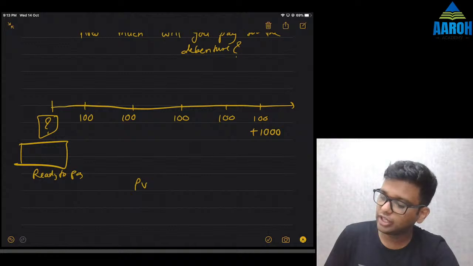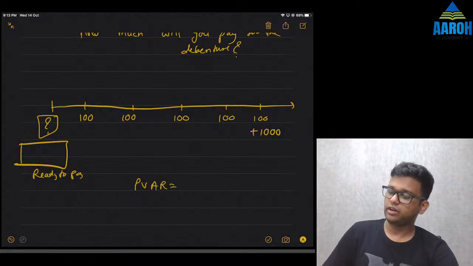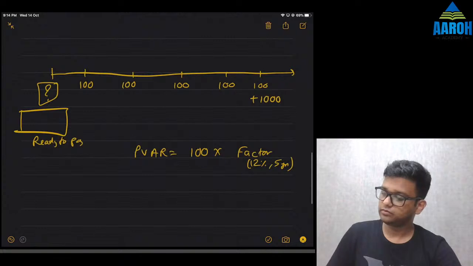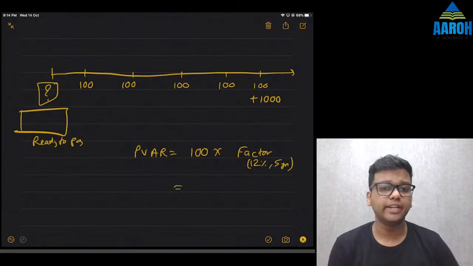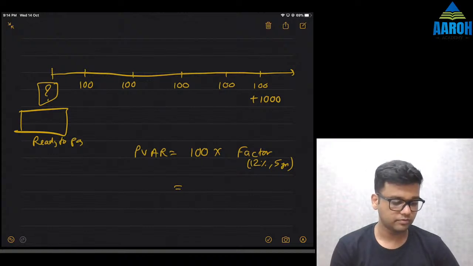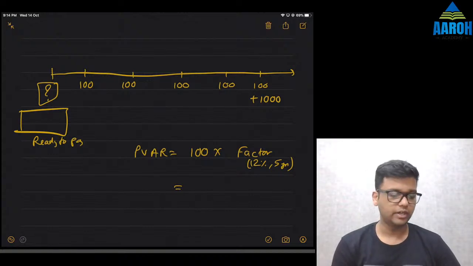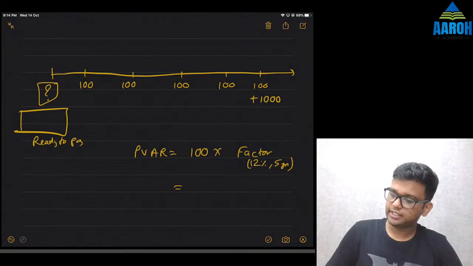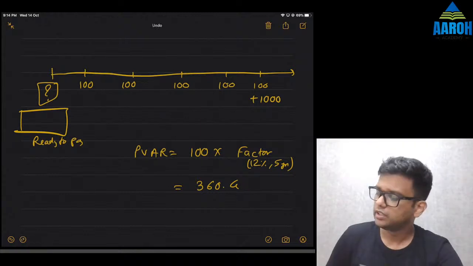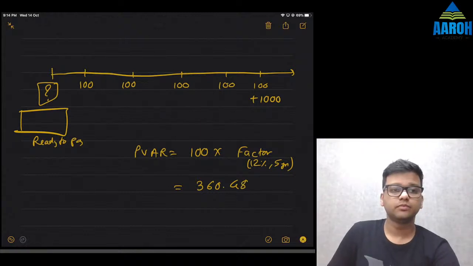We can use present value of annuity regular for 100 rupees, and let's find factor with 12% for 5 years. 1 divided by 1.12, 5 times equal to grand total into 100, that is 360.47 or 48. 360.48.